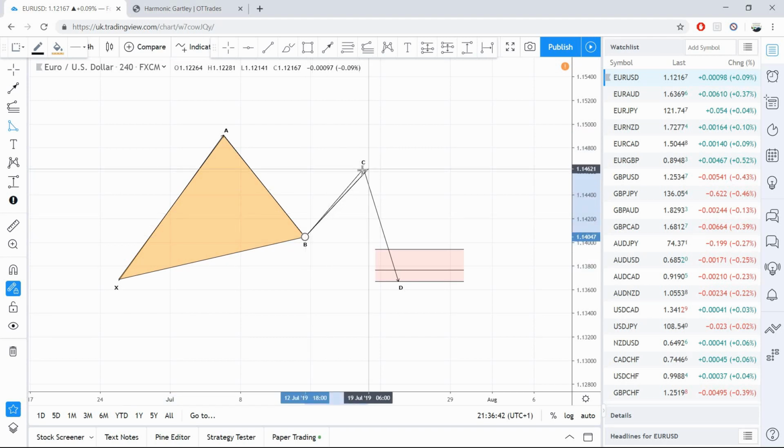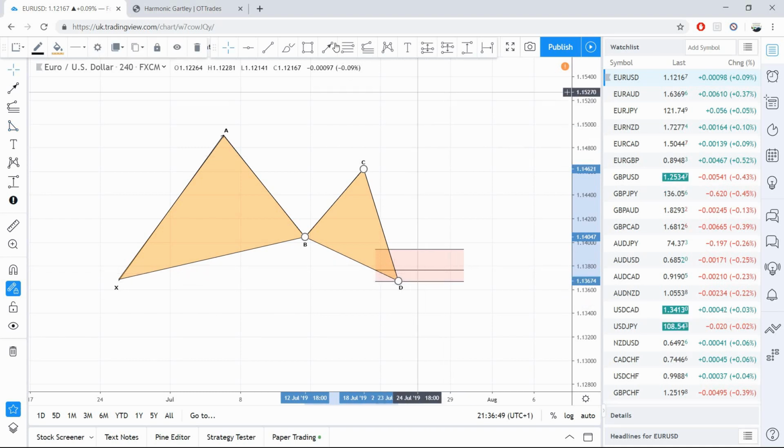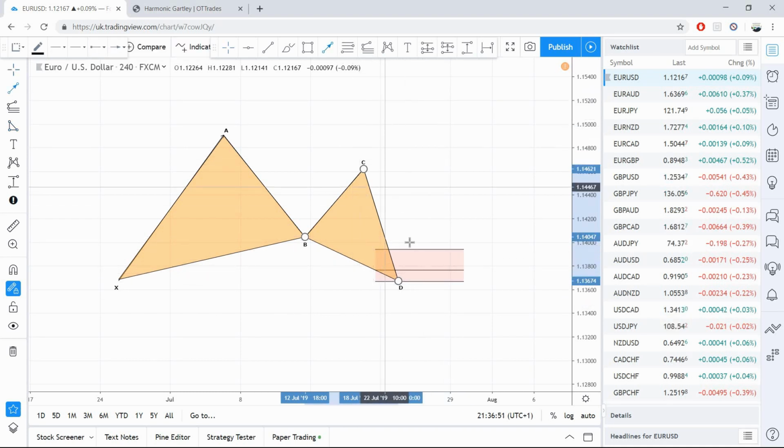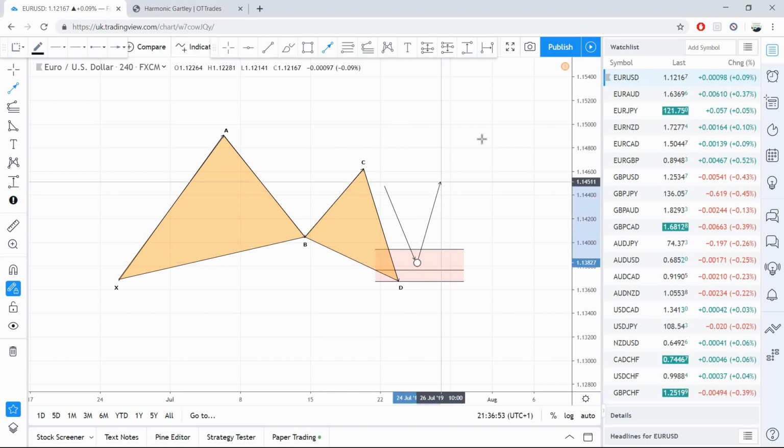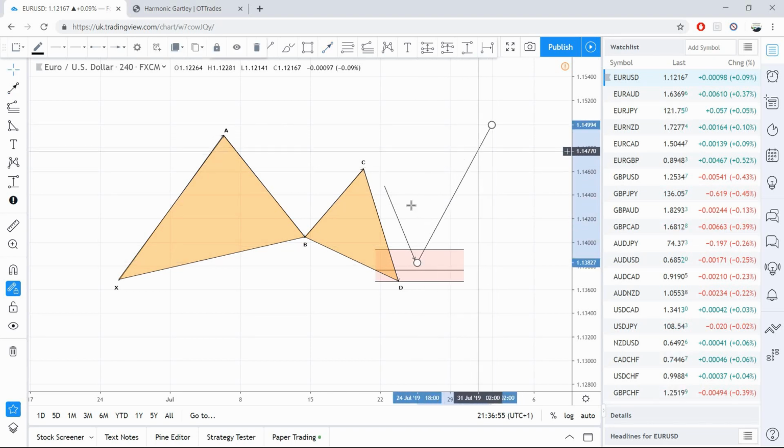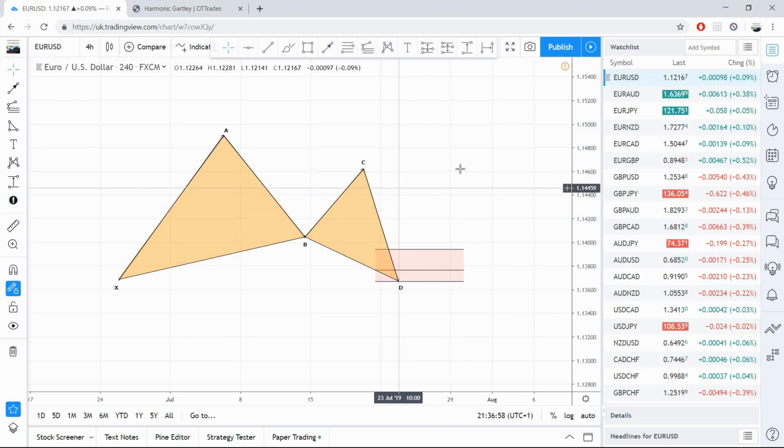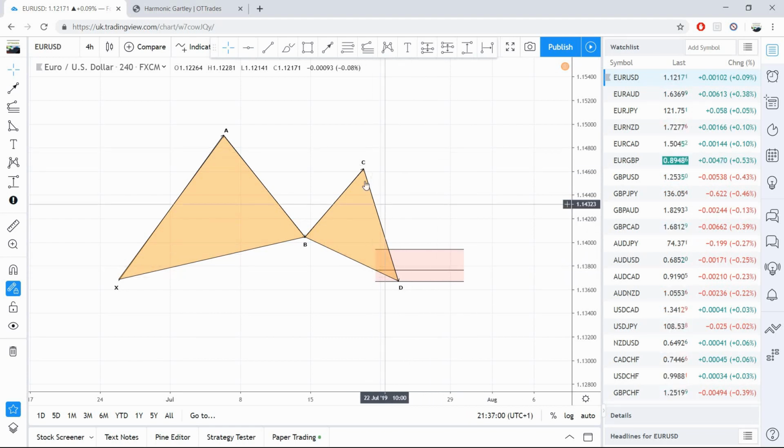In this instance, because we're looking at a bullish pattern, the reversal is going to be bullish. We're looking for a reversal to the upside, so price is going to come down, then reverse to the upside, therefore it's a bullish pattern. This pattern is not considered completed until the price hits or exceeds the lowest point in this PRZ, the lowest extreme price of this potential reversal zone.